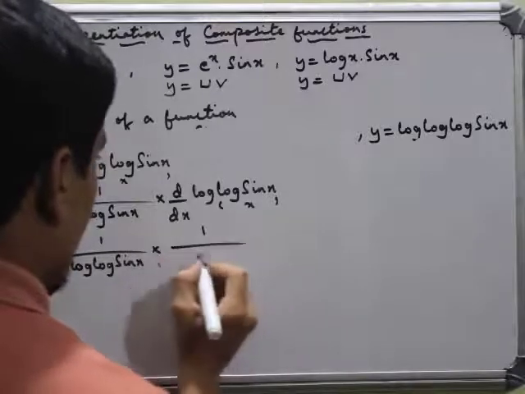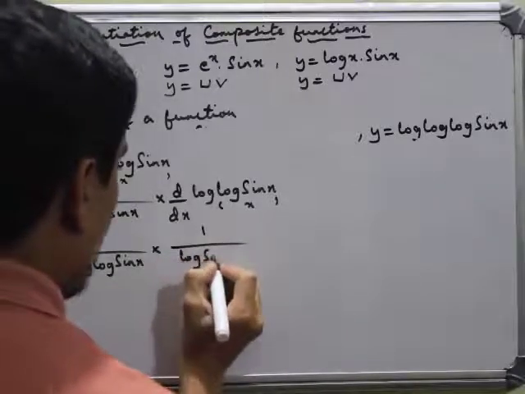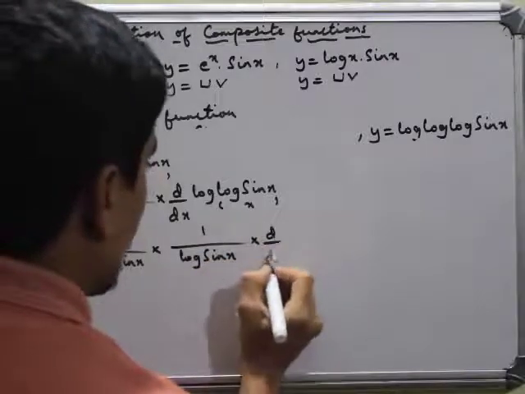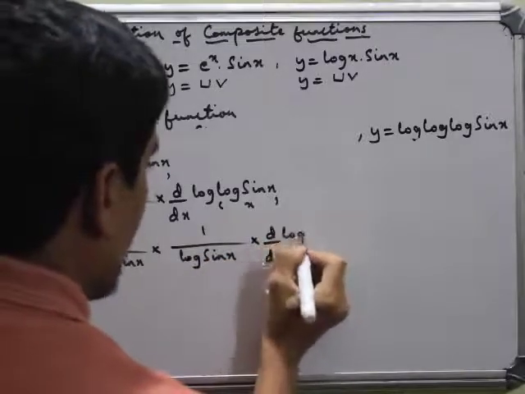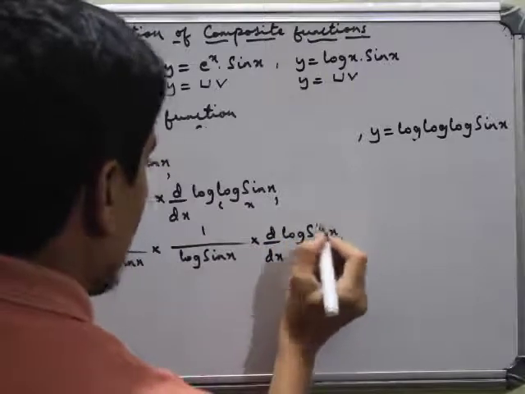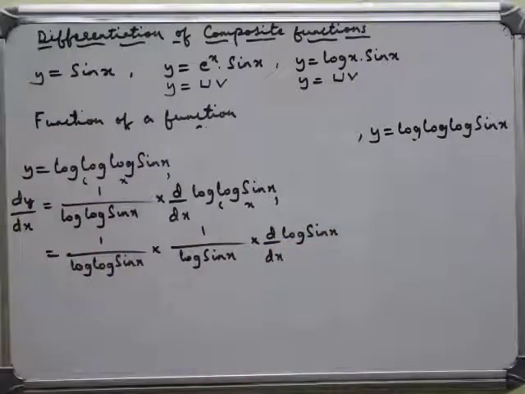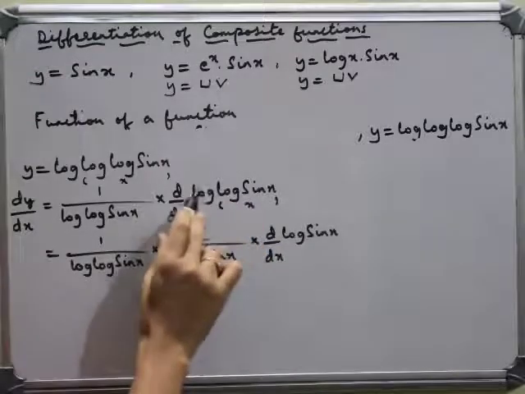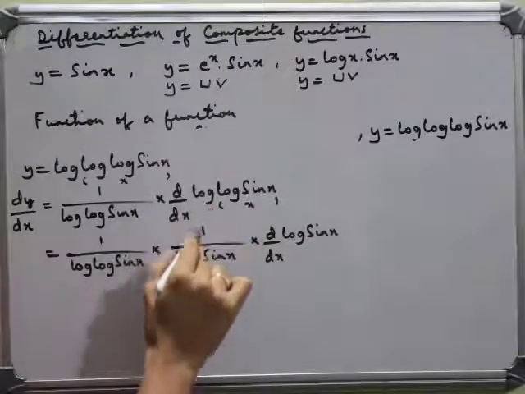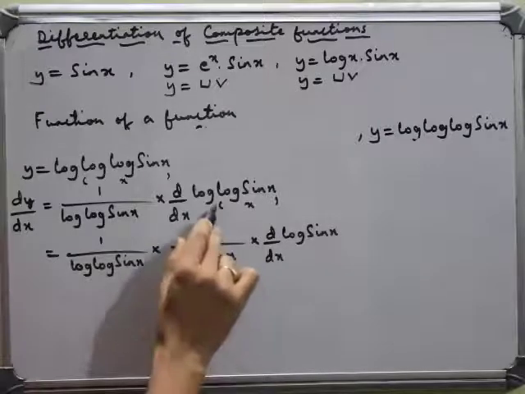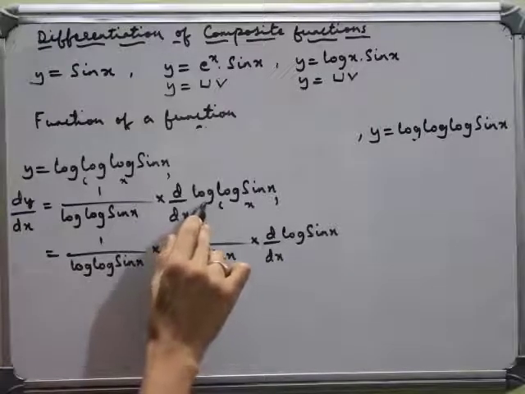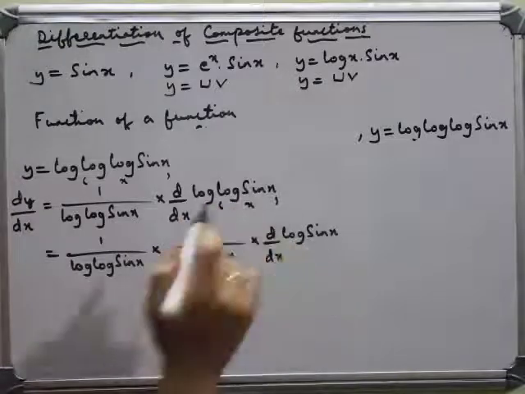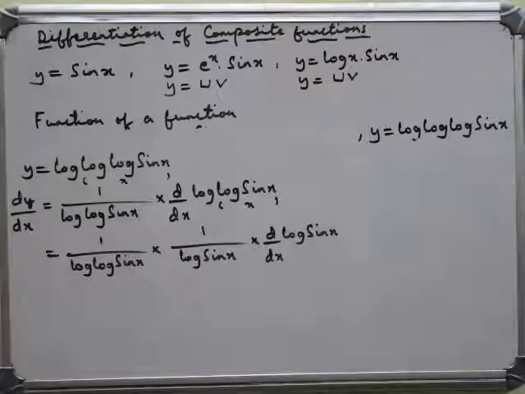So 1 by log sin x into differentiation of log sin x. Here this entire part is x, differentiation of log x is 1 by x, so I have written 1 by x into, as we have differentiated this function. Next we have to differentiate this function. So that is what I have written here. So let us continue.